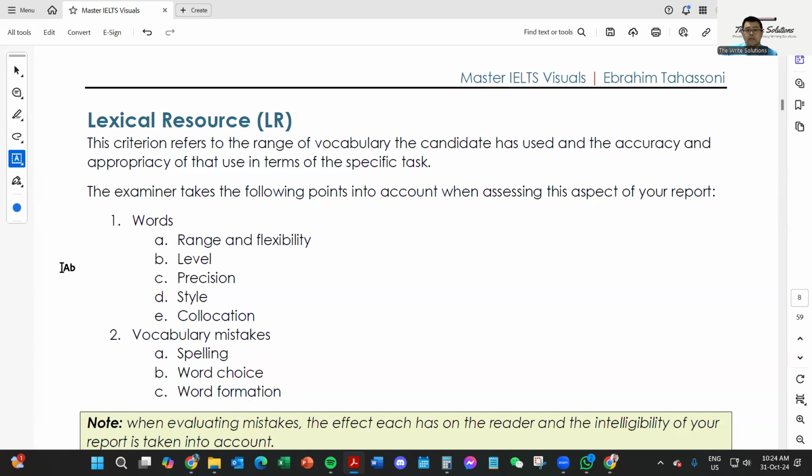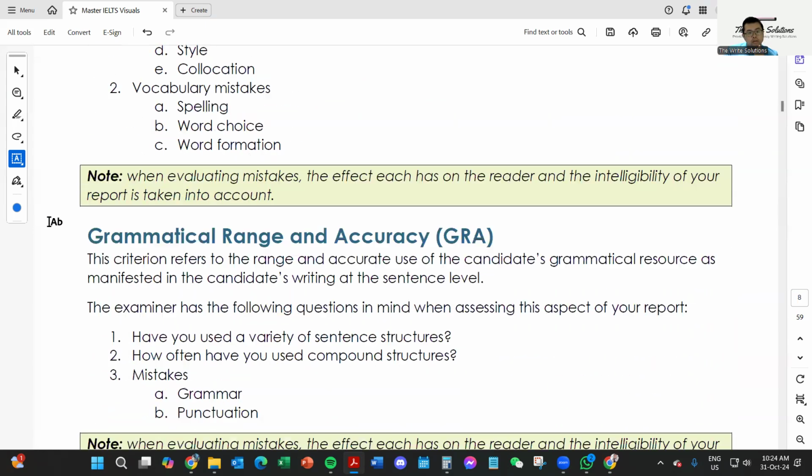We can talk about collocations in a separate lesson, but not today. Vocabulary mistakes: spelling, word choice, word formation. When evaluating mistakes, the effect each has on the reader and the intelligibility of your report is taken into account.